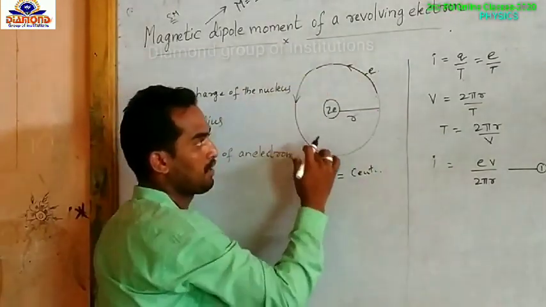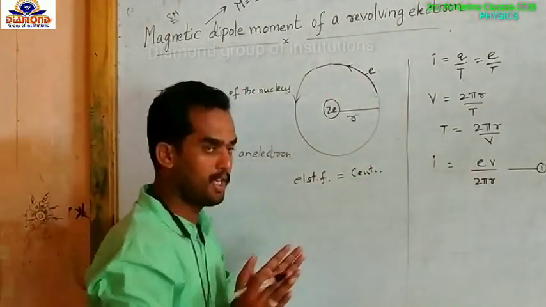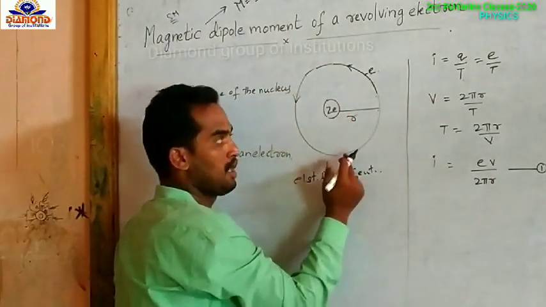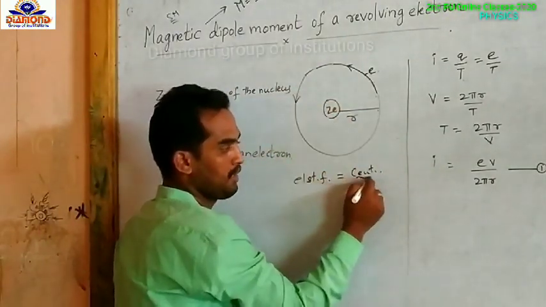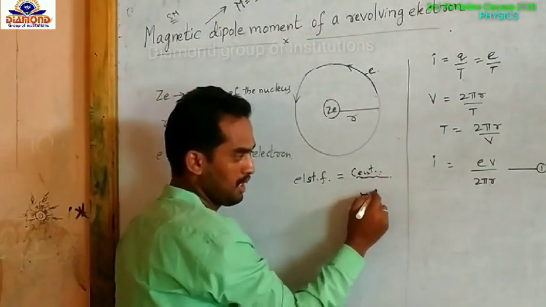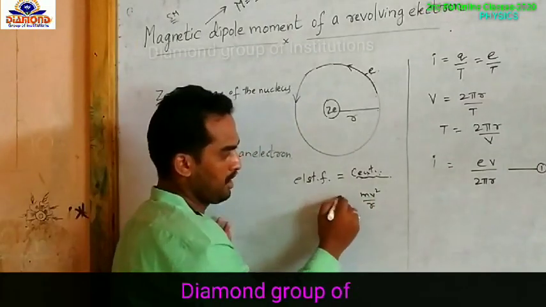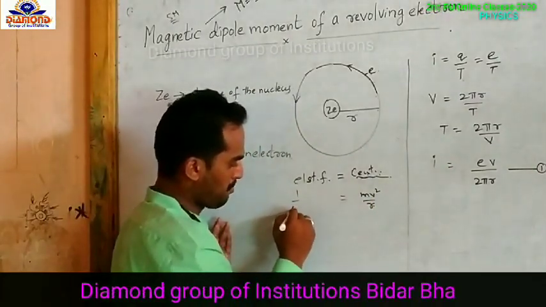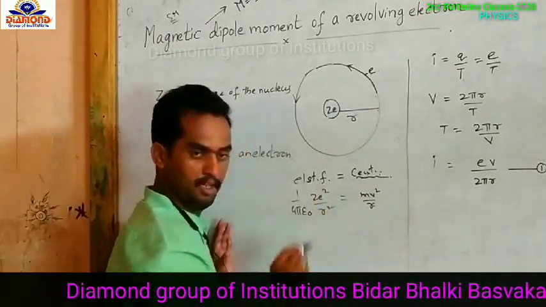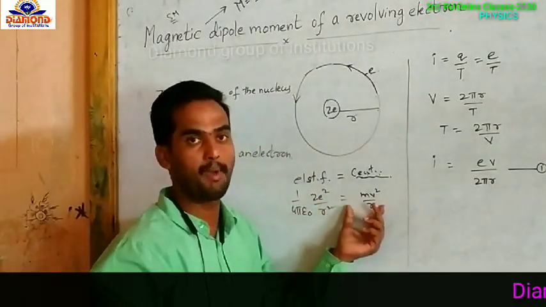When an object is moving in a circular path, there is always a force towards its center. That force is the centripetal force. What is the formula of centripetal force? mv square by r. What is the electrostatic force? 1 by 4 pi epsilon, Z e square by r square. So these two forces are balanced.